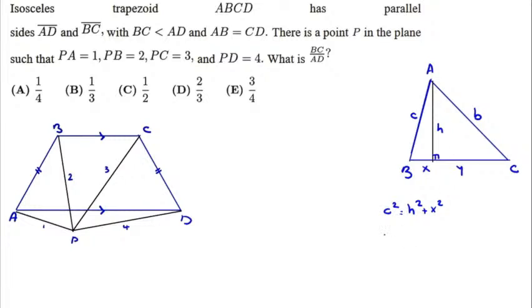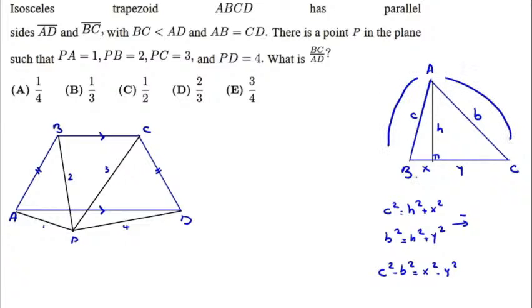And in the right triangle, B squared equals H squared plus Y squared. So if you subtract, C squared minus B squared equals X squared minus Y squared. It is very famous. Also, we can prove the Carnot theorem with this.